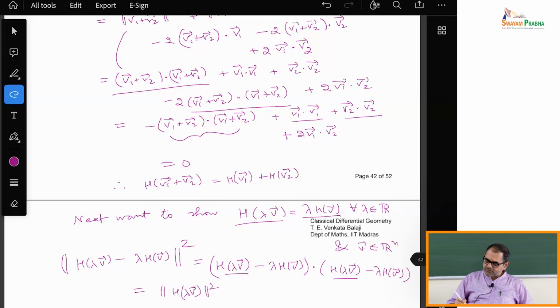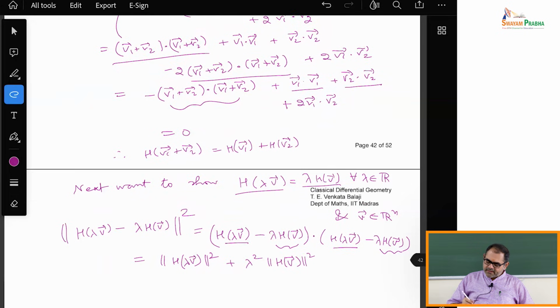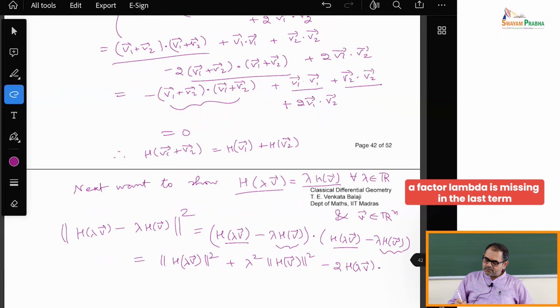If I take these two terms, I'll get plus lambda squared norm HV squared. Okay, then I have the mixed terms. I will get 2 lambda H of lambda V dot H of V. Okay, and again use the fact that H preserves dot product, so it preserves norms.